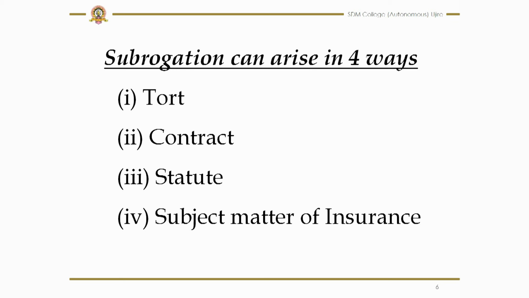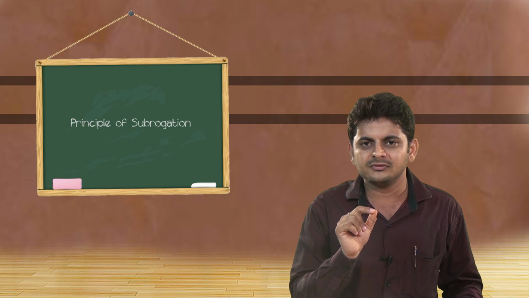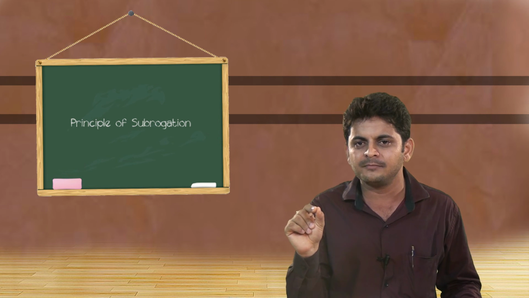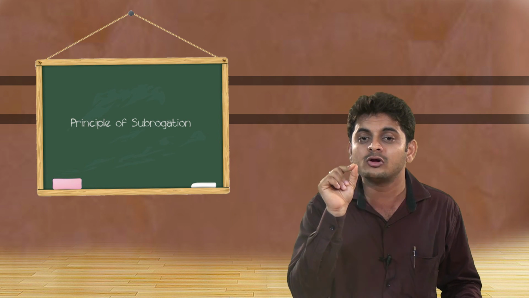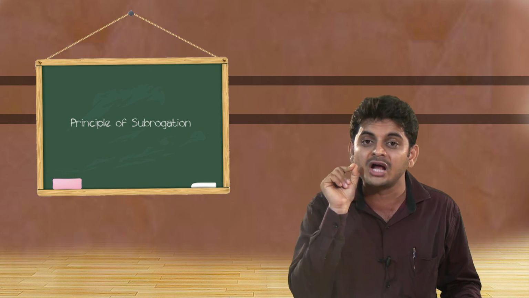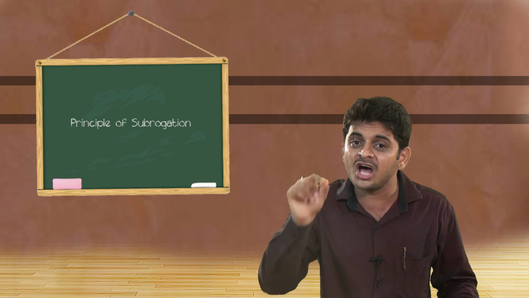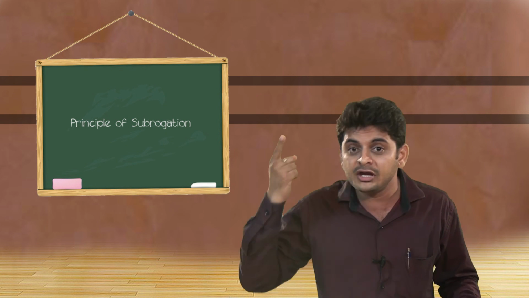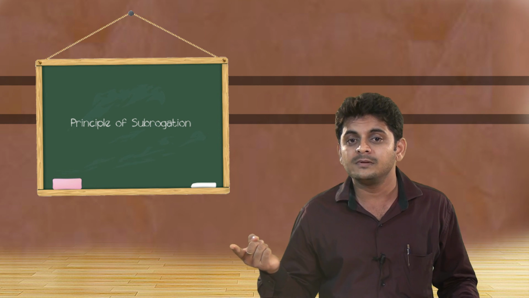I would like to summarize it. In the insurance contract, the insured is not allowed to make any profit. The insured will be paid the compensation only for the actual loss. If there is any chance to recover any losses from the third party, that right will be transferred to the insurance company.